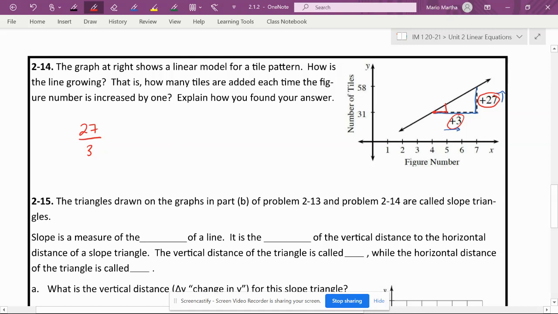And then if we want to figure out how much we go by 1? So here, 3 divided by what gives you 1? In this case it happens to be 3, right? So that gives us 1. And then 27 divided by 3 gives us 9. So we can say that every time we increase the figure number by 1, we add 9 tiles.